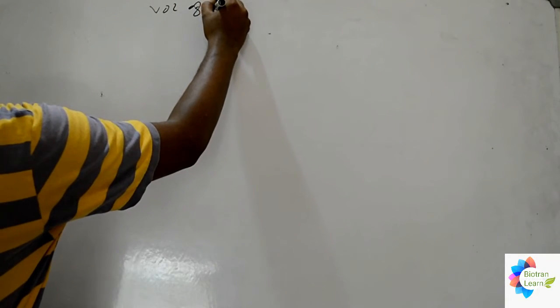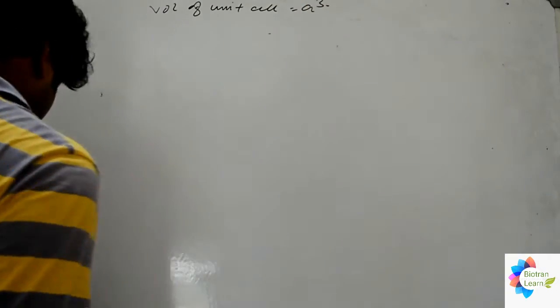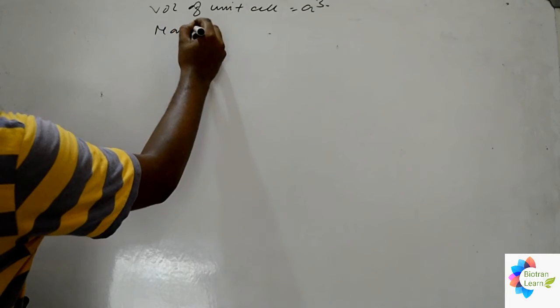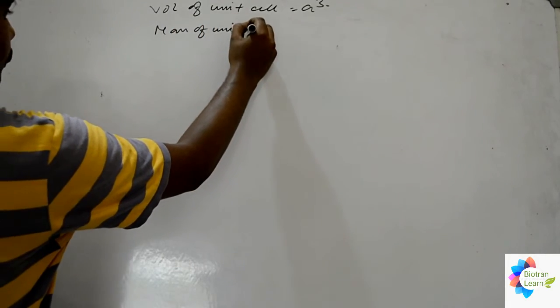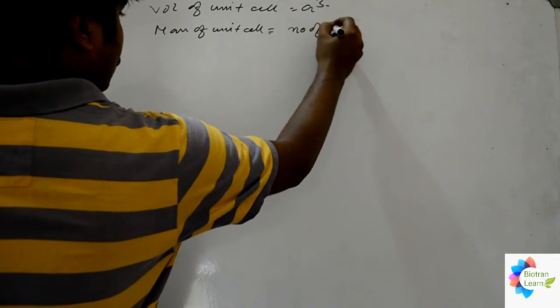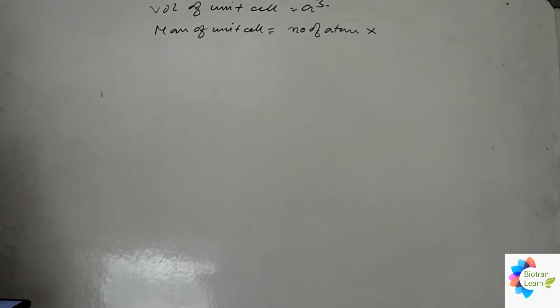In this particular case, we will see that the volume of a unit cell is equal to a cube, and hence the mass of the unit cell will be equal to the number of atoms into the mass of each atom.